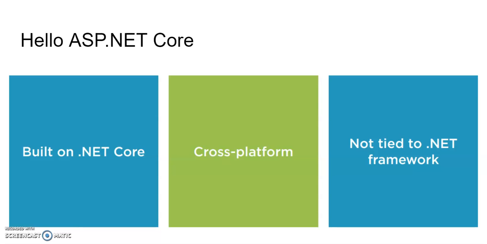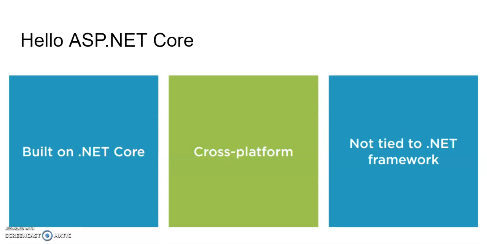Therefore, it's possible to run ASP.NET Core code on Windows, but also on Linux and Mac. ASP.NET Core is basically a rewrite, a different branch, so to say. It's also not based on the code base of previous versions of ASP.NET MVC. That explains why some features, such as SignalR, were not supported in these earlier versions.